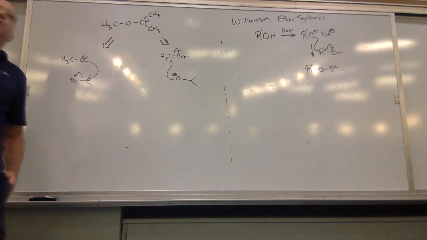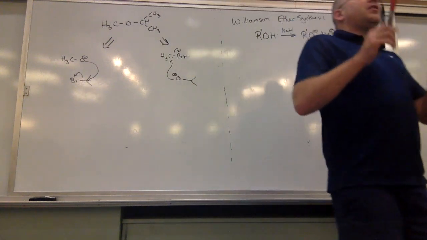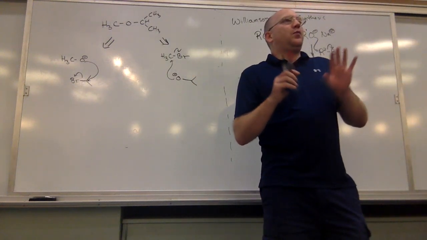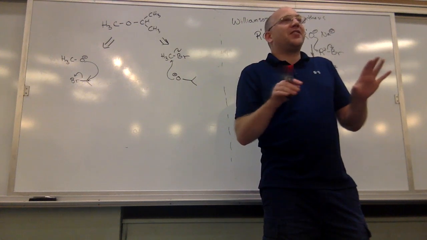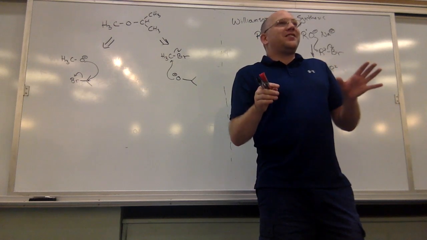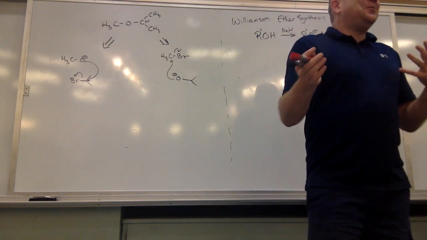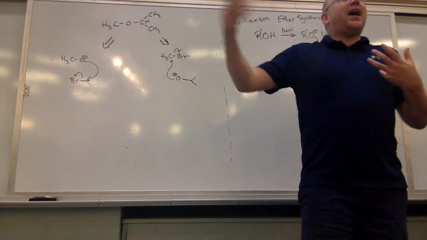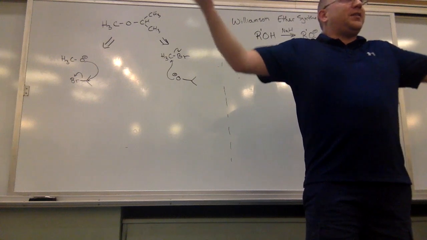But this is what's important about Williamson ether synthesis. You can make the argument either way, right? If you ignore this one side reaction. Once you bring in this side reaction, then it becomes a little bit more obvious. Sterics is bad for the electrophile, sterics is bad for the nucleophile, right? It's symmetric.